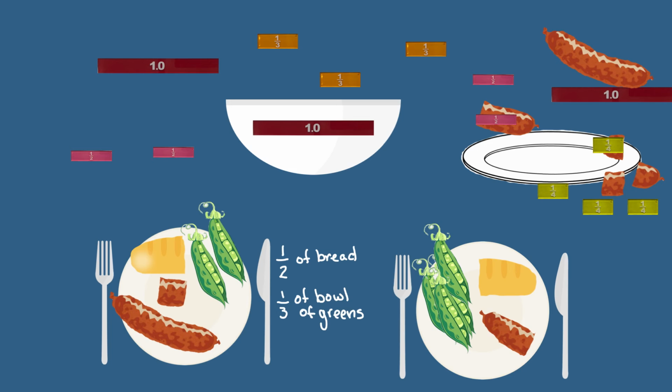And for the sausages, it contains 1 whole sausage, but 1/4 of another. So in total, 1 1/4 of sausages.